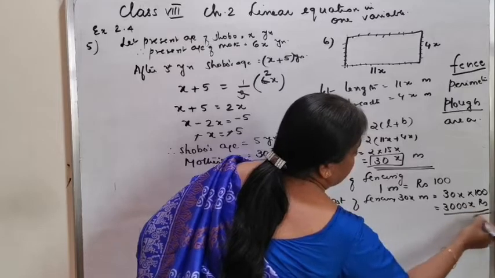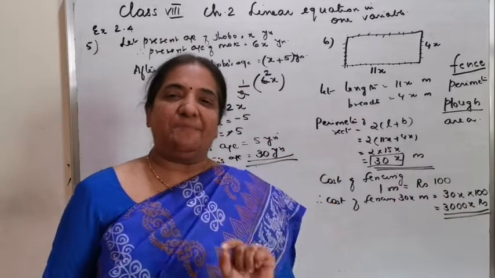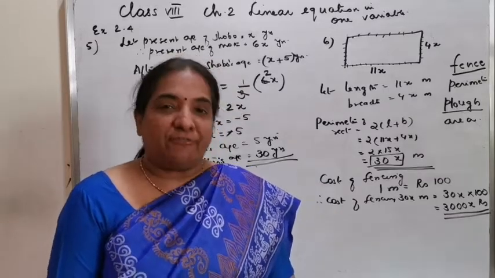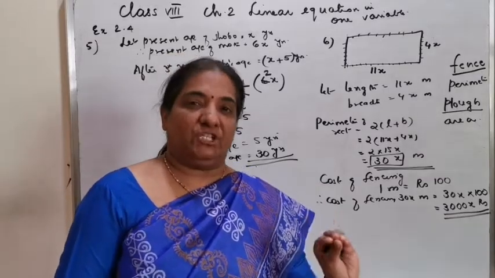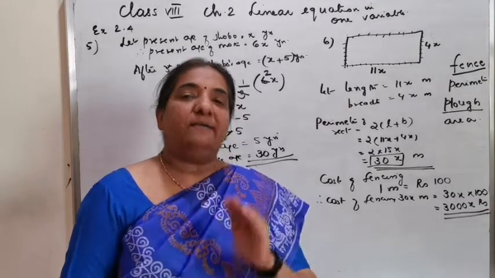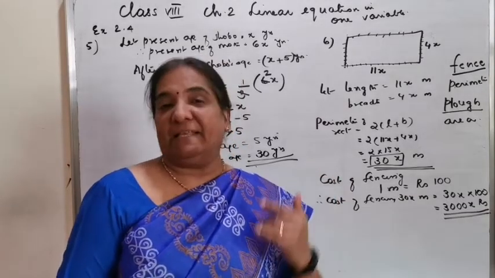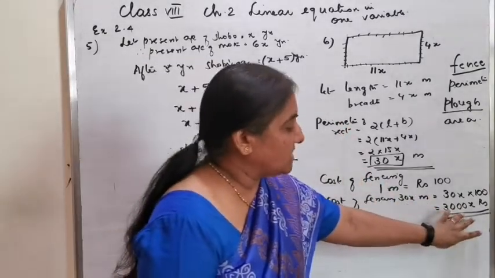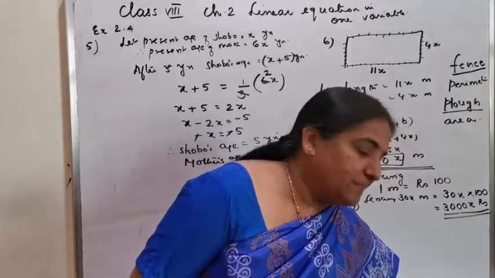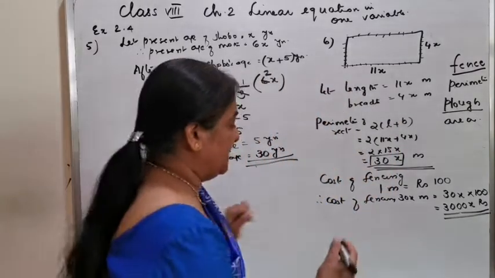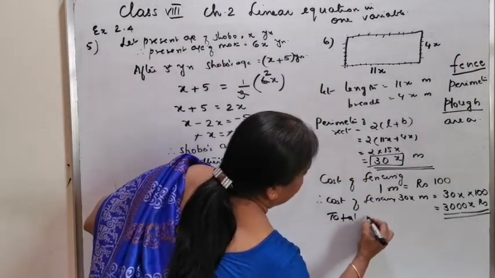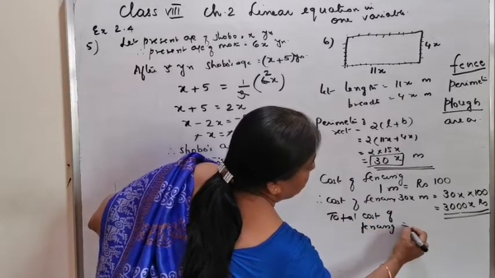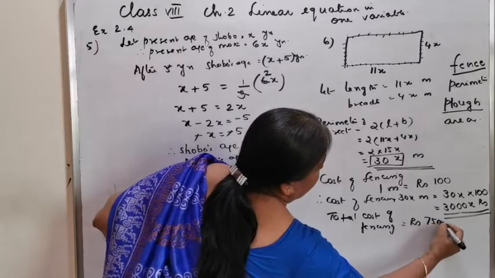If the cost of 1 pen is 8 rupees, what is the cost of 25 pens? It is 25 into 8. That involves multiplication. Now, it is said that the total cost is given as rupees 75,000. That means the total cost of fencing is rupees 75,000.